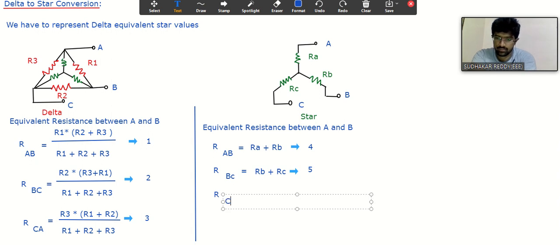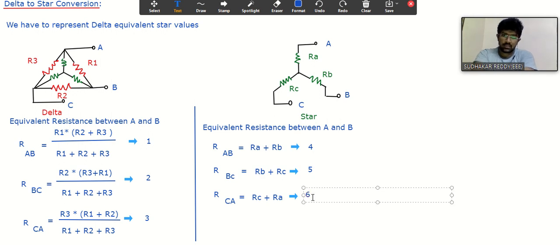So RCA equals RC plus RA, right? RC plus RA. And consider this equation as number 6.